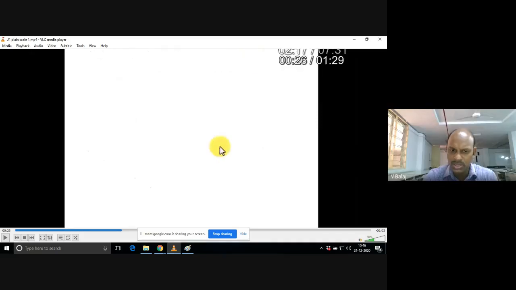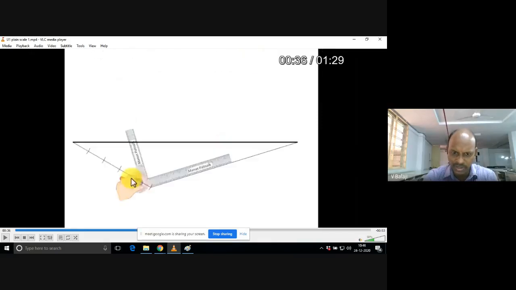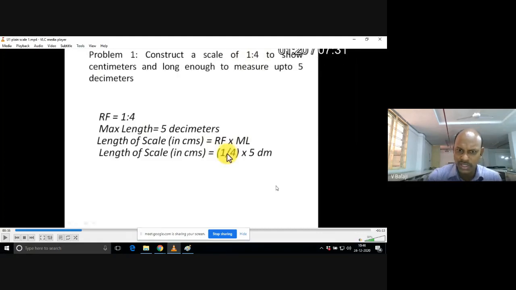12.5. So you take your drafter, draw one horizontal line of 12.5 centimeters. Now divide that into equal parts. How to divide? The maximum length of the scale to be measured is only 5 decimeters, right? So remember, we need to divide into only 5 equal parts, because I wanted to design a scale of maximum 5 decimeters.